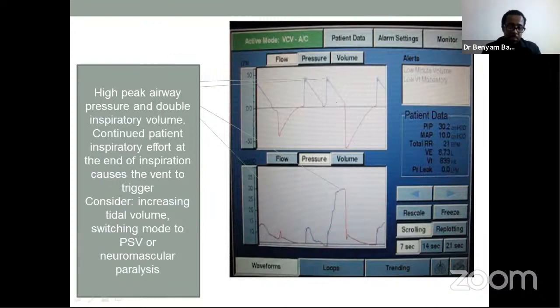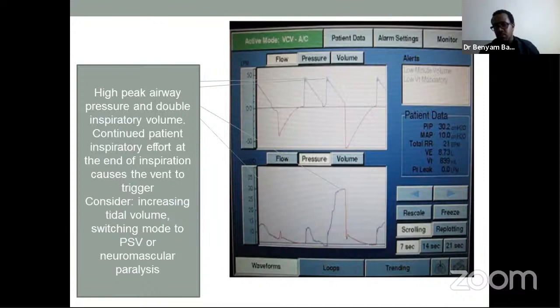In this case, I will consider why the patient initiated or triggered inspiration after the end of inspiration. One could be that the patient was not getting enough tidal volume so the patient triggered to breathe, or there is patient desynchrony. The patient is trying to fight with the machine. So we need to decide which one this is.